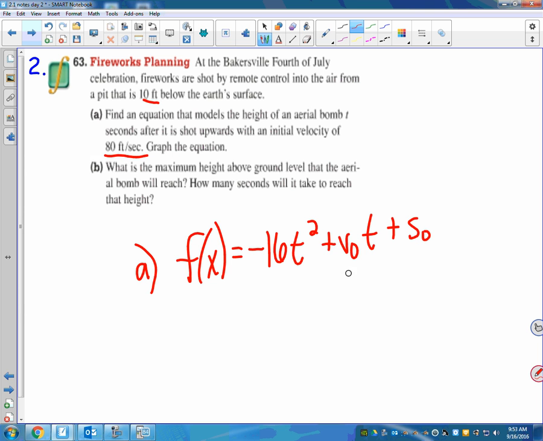So how fast is our bomb flying? 80 feet per second. So I'm going to plug 80 into that. And S sub 0 is my initial height. How high am I? I'm 10 feet below the Earth's surface. So that's negative 10.